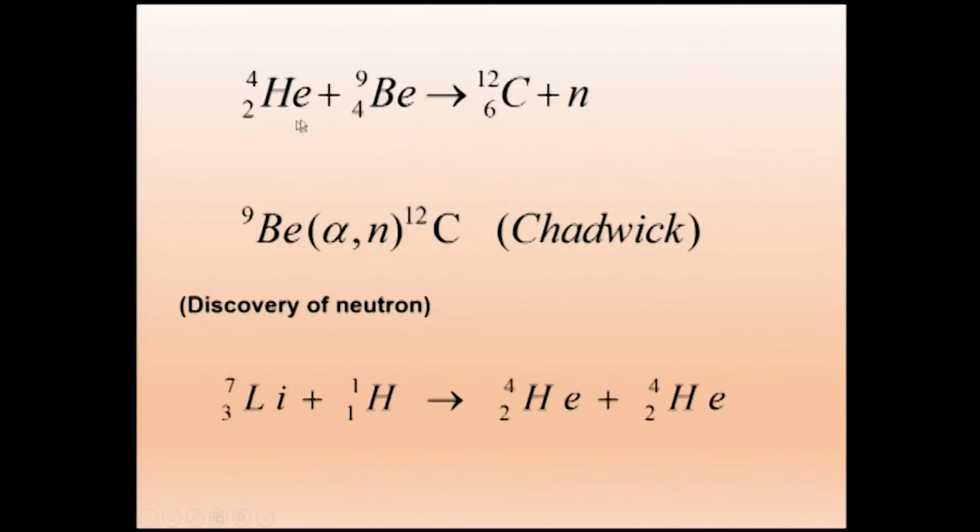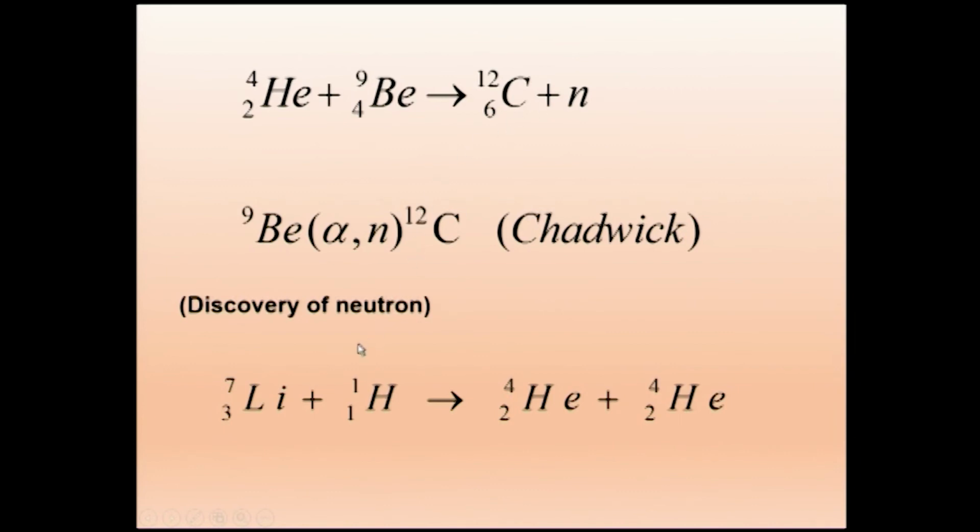Here this is alpha plus beryllium giving C 12, and this particular reaction was done by Chadwick, and this led to the discovery of the neutron. He bombarded beryllium with alpha particles and he got carbon 12, which is a stable nucleus, and then a neutron was emitted.